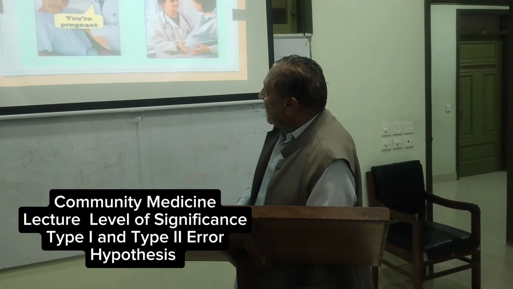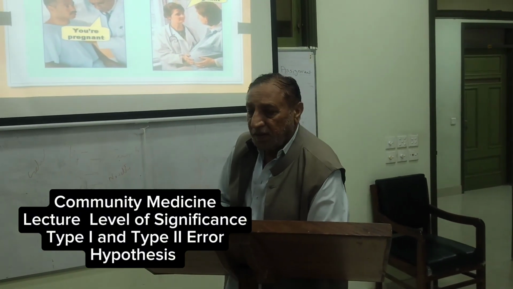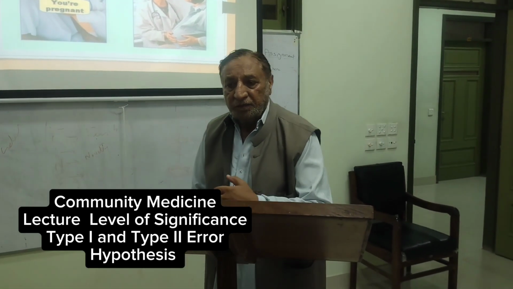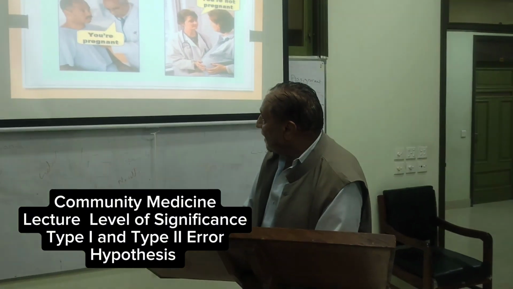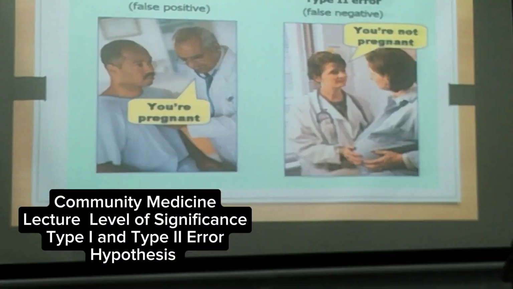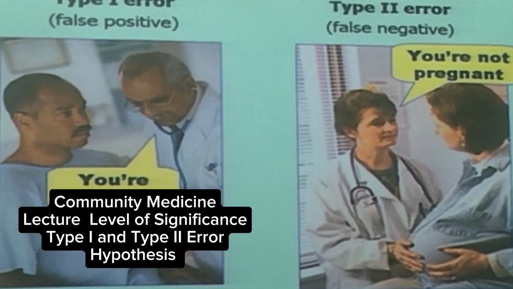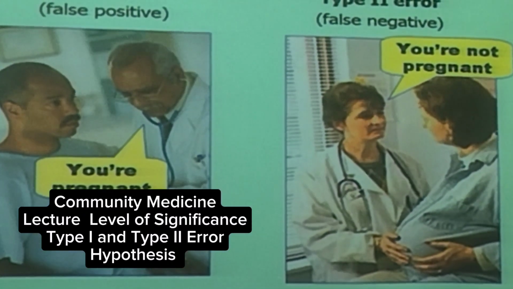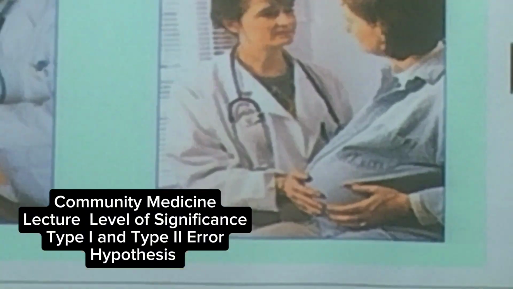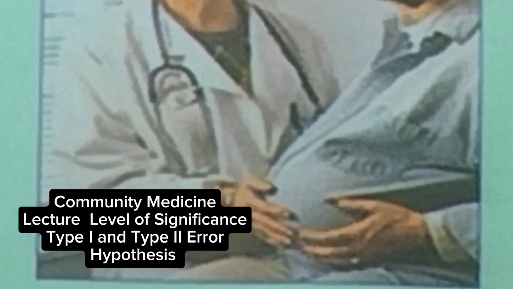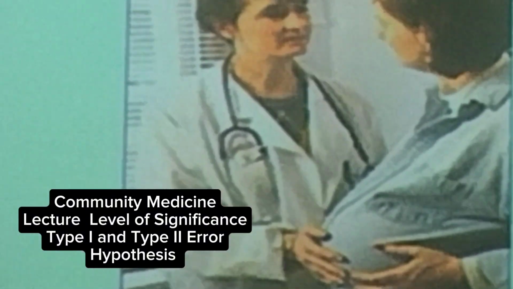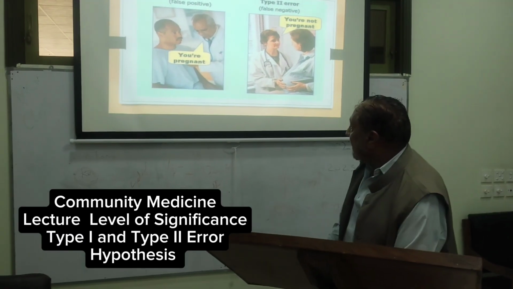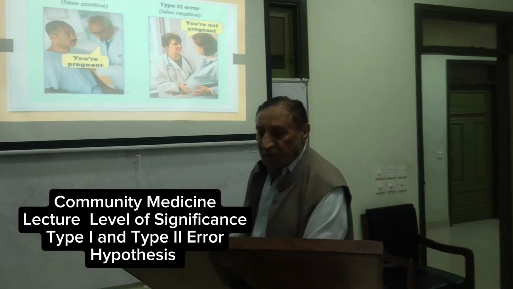You can see that when the false positive is considered a true thing, or you reject when the null hypothesis is true, then we are making a type 1 error. While there is pregnancy, but our test or our observation says that there is no pregnancy, so it is false, and we fail to reject it, then it is type 2 error or false negative. Next please.